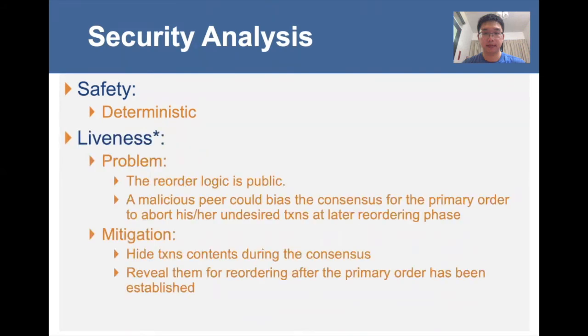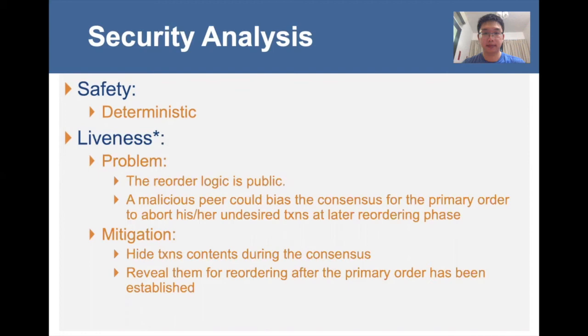A malicious peer could bias the consensus service on the primary order to abort certain undesired transactions in the later reordering phase. This can easily be mitigated by relying on the transaction hashes to establish the primary order and later reviewing transaction contents for the reordering.